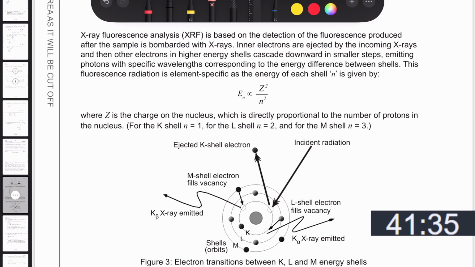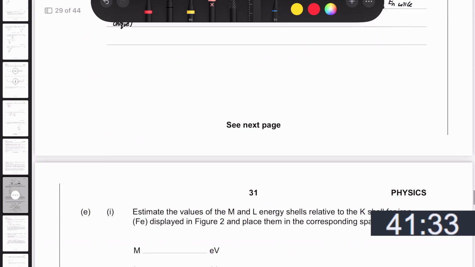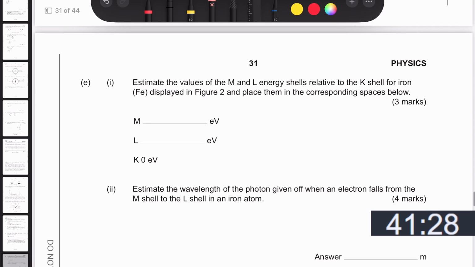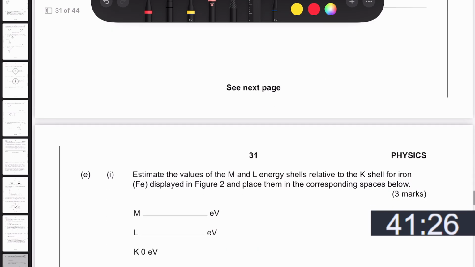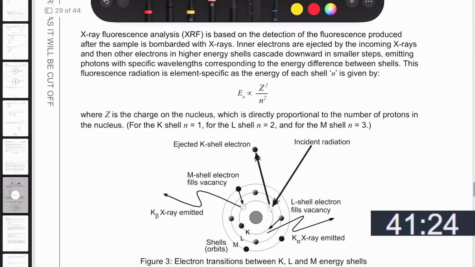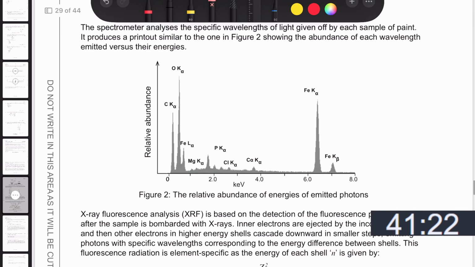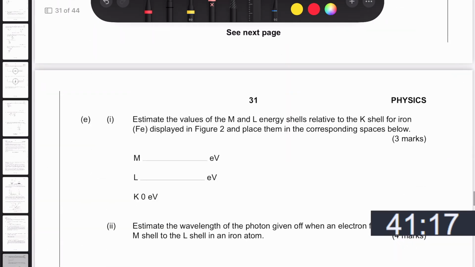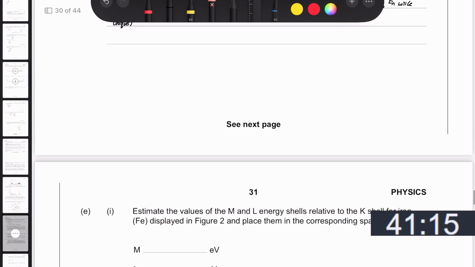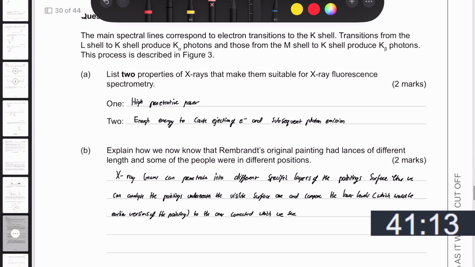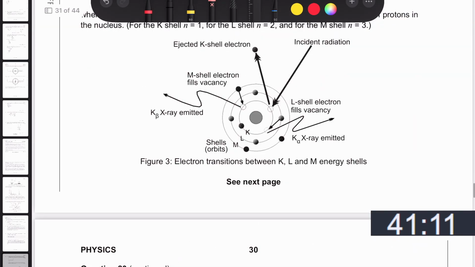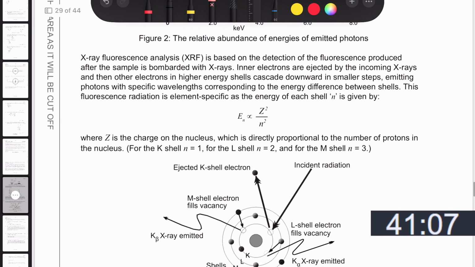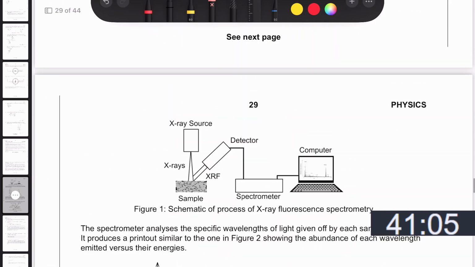I think iron is about 25 in the periodic table. Wait, figure 2, never mind, it's here. Okay, so what am I looking for? M and L shells relative to the K shell. So if that's the lowest, then L to M.